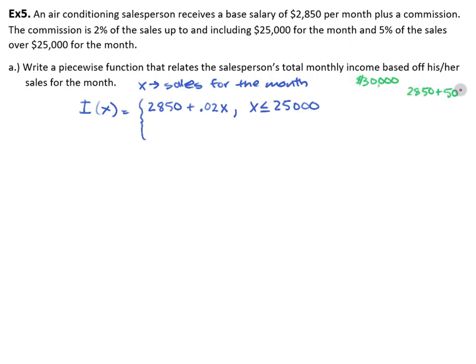So if we add that on, I know I'm going to make $500 extra off of the commission of the first $25,000. But then I get 5% of the sales for any amount I go over. So I don't want to do 5% of 30,000. I want to do 5% of what we went over. Of course, I went 5,000 over, but a way of calculating that would be to subtract the 25,000 out of there and figure out, yeah, we went 5,000 over, and now I need to do 5% of that amount.